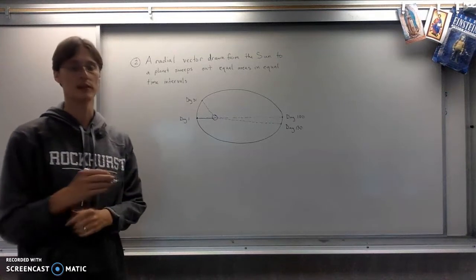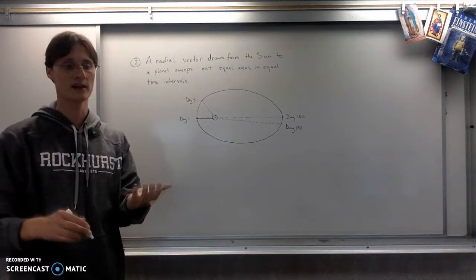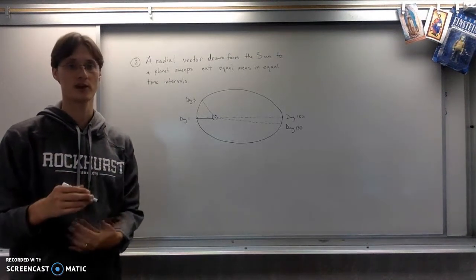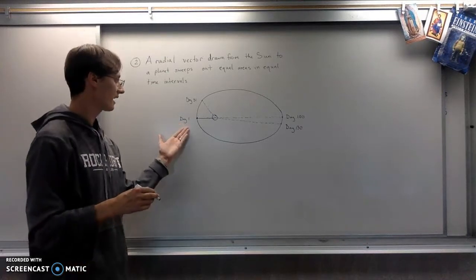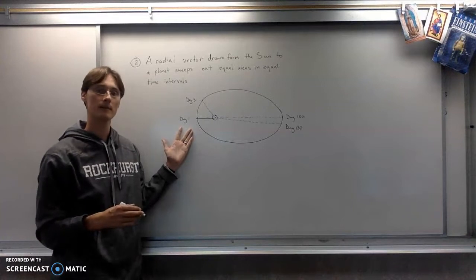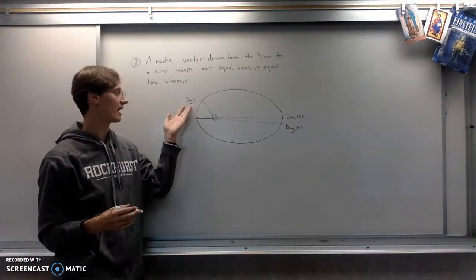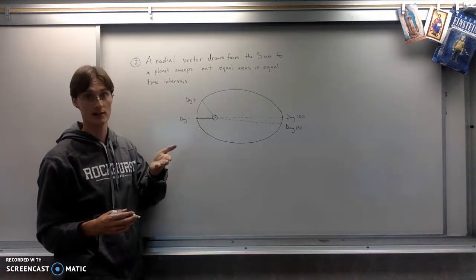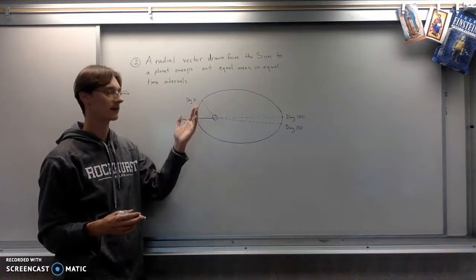Okay, so in terms of sweeping out an area over a time interval, here's what he's talking about. Let's say day 1, the planet is here. And then you check back on day 31, 30 days later, and the planet is here.